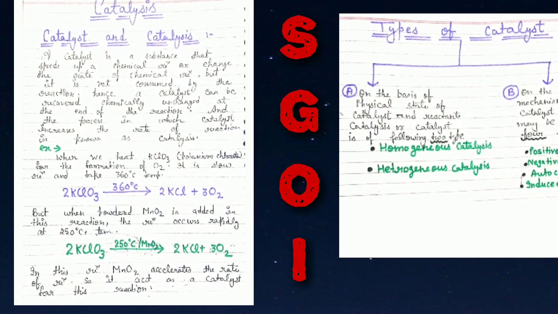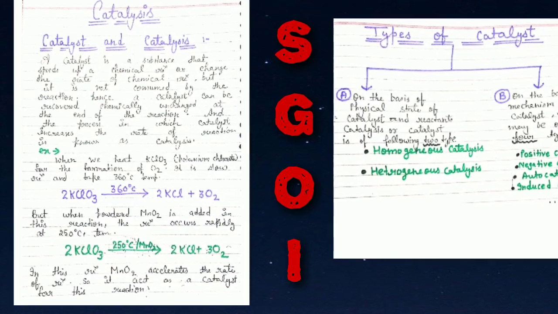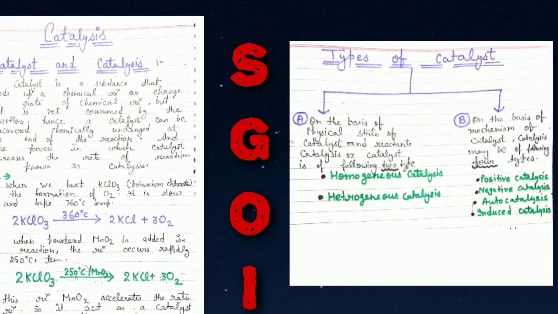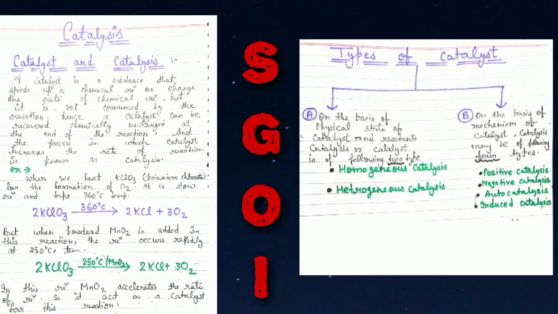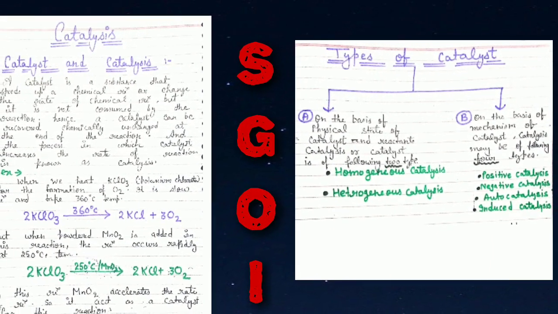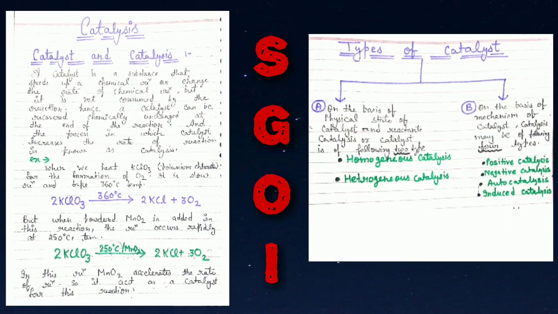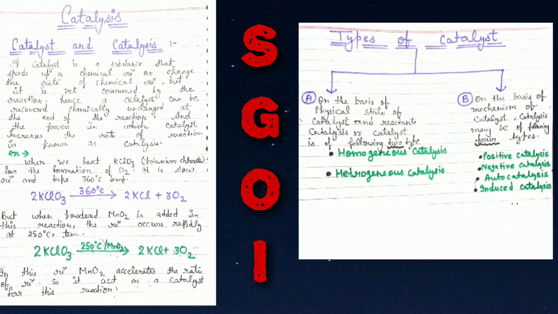And in heterogeneous catalysis, when phase is equal to 2 or more than 2, it means when the reactant and the catalyst are not in the same phase, then the catalyst is known as a heterogeneous catalyst and the phenomenon is known as heterogeneous catalysis.